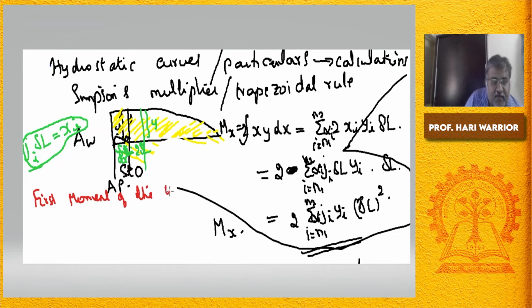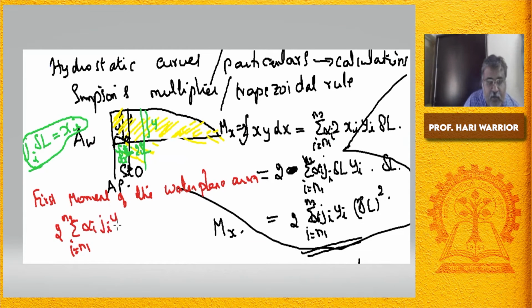I hope the water plane area at least is very clear to everybody, because if you don't know the water plane area, you are in serious trouble as far as this course is concerned and any course in the Naval Architecture Department. So the first moment of the water plane area is given by twice sigma I equals n1 to n2 alpha I ji yi, and outside you have delta L squared.